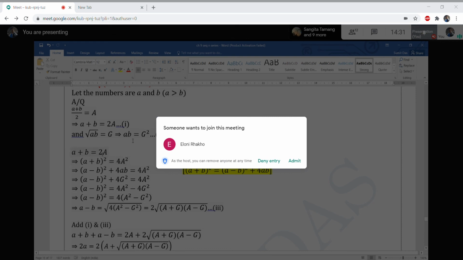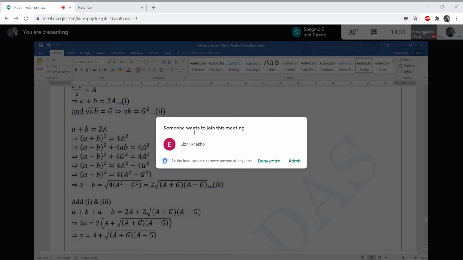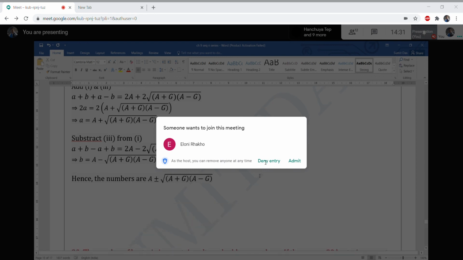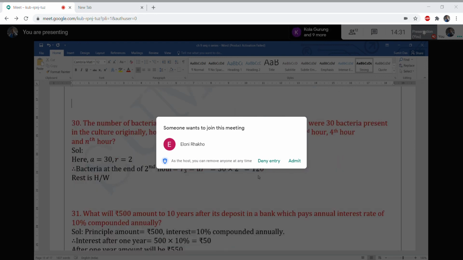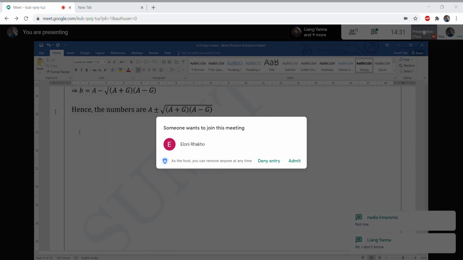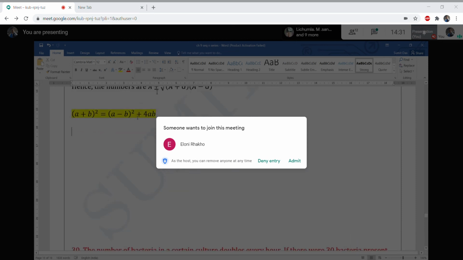How many of you know this formula? Please tell me. (a plus b) whole square is equal to (a minus b) whole square plus 4ab. Let me know, then I'll prove it. If you know this one, it's okay. Otherwise, I'll prove it.